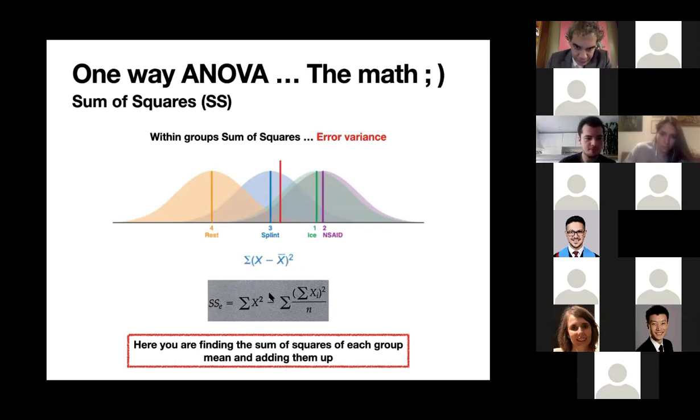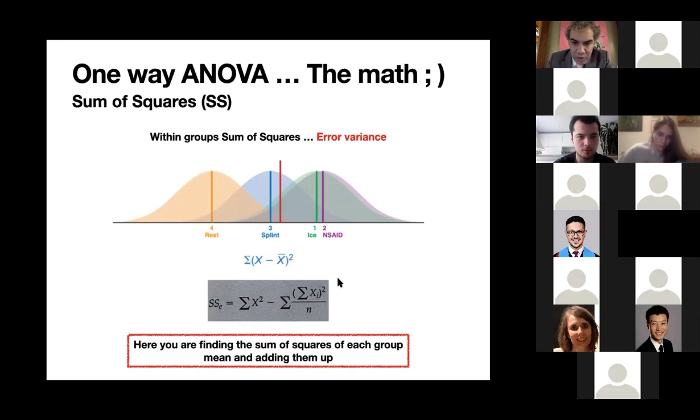Here is X. This means my scores, all my scores, and I subtract them from my group means. This is the group mean. For example, group mean 4 is all my scores in group 4 divided by n. So this is my group mean.